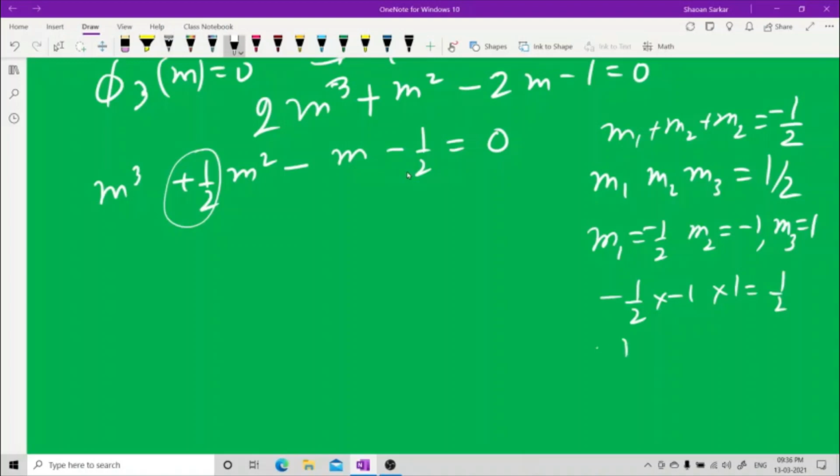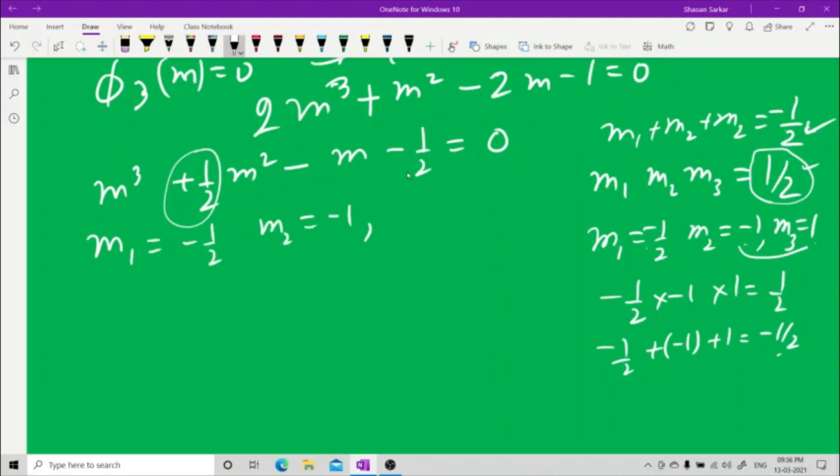Add up: minus half plus minus 1 plus 1 is minus half. I hope you have got it. You took the factors of this. The only way to get minus half is to put a minus half here, and 1 and minus 1 and plus 1 will cancel out. So the roots are m1 equal to minus half, m2 equal to minus 1, m3 equal to plus 1.